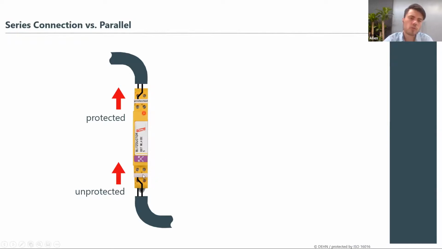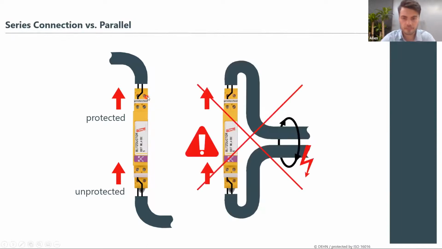Your protection should be installed as far away as possible from your protected side. You shouldn't loop the conductors next to each other, because if a fault current or fault event comes onto one of these lines, the inducing effect will create a fault condition or a transient overvoltage on the other side of the SPD. So in essence you are bypassing the whole protection of this SPD.